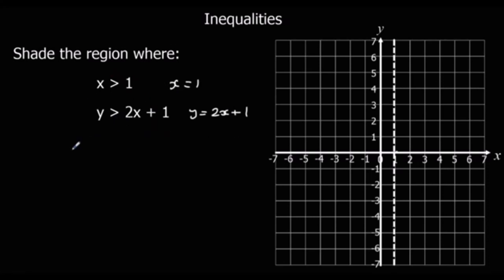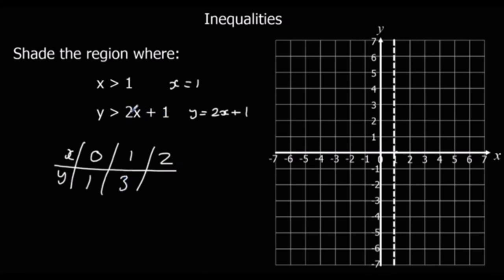So we do x and y, and then we do some points. So we'll do 0, 1, and 2. So if x is 0, 2 zeros is 0, plus 1 is 1. X is 1, 2 1s are 2, plus 1 is 3, and 2 2s are 4, plus 1 is 5.